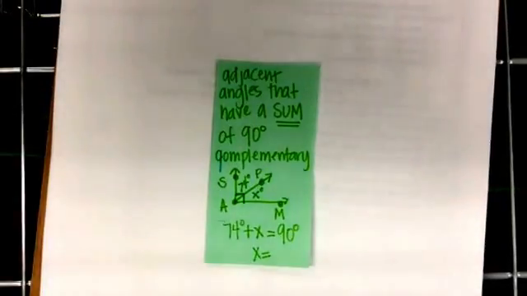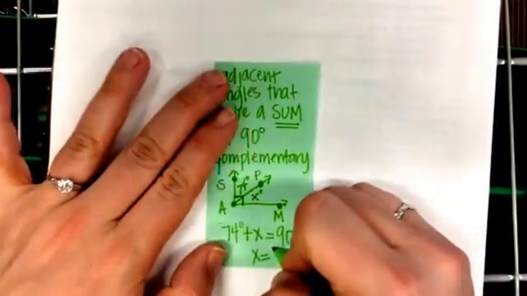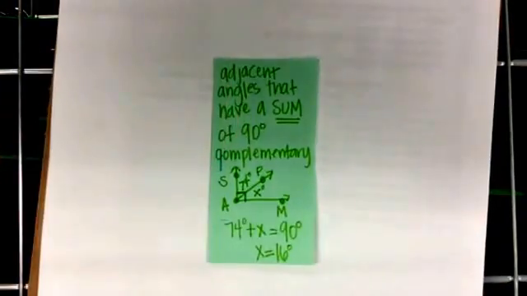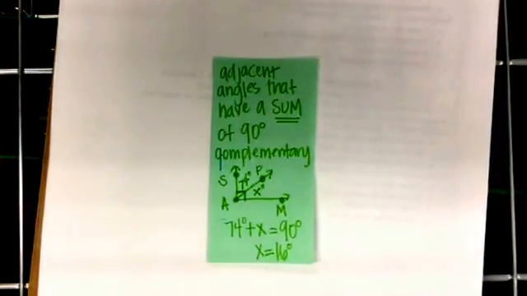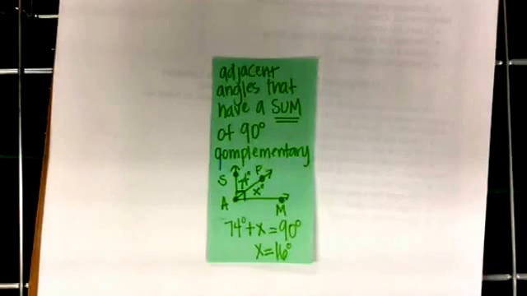What does X equal? 16. 16 what? Degrees, right? Don't forget your degrees. Complementary angles make 90 degrees.